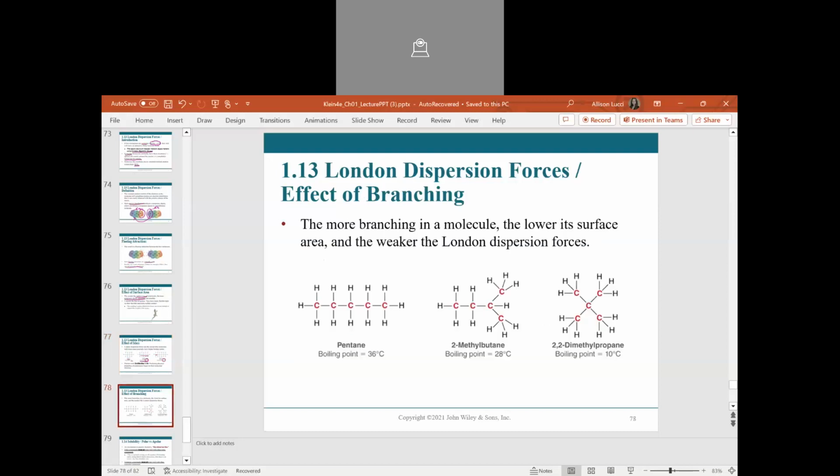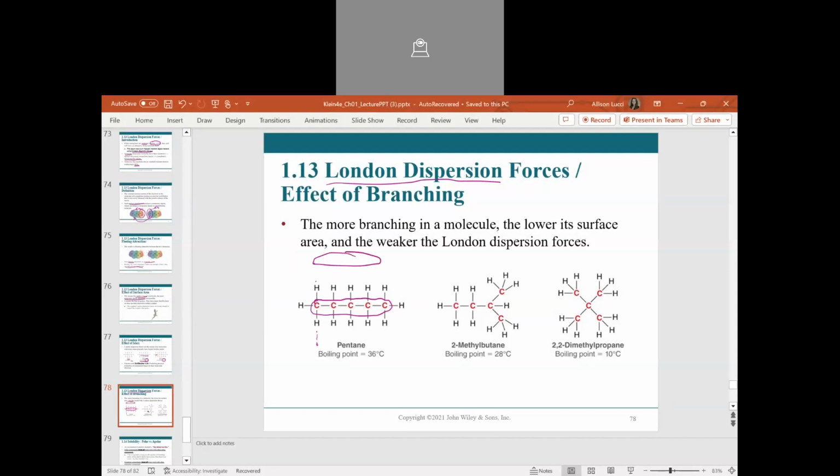So there's one last topic that we'll discuss on boiling point specifically. We'll compare the structure of our molecule and the resultant London dispersion forces or London interactions or attractions between molecules. So pentane is linear. This has a pretty high surface area, where these interactions could occur between other pentane molecules.